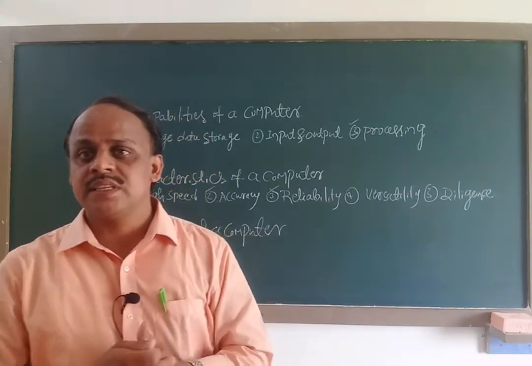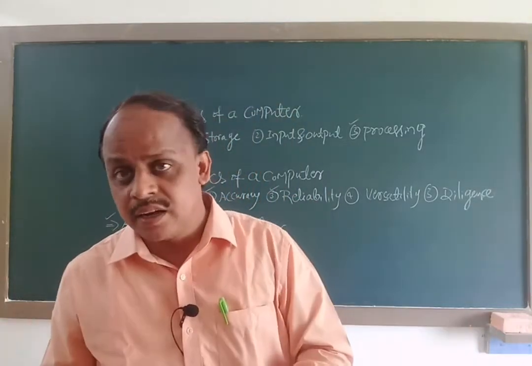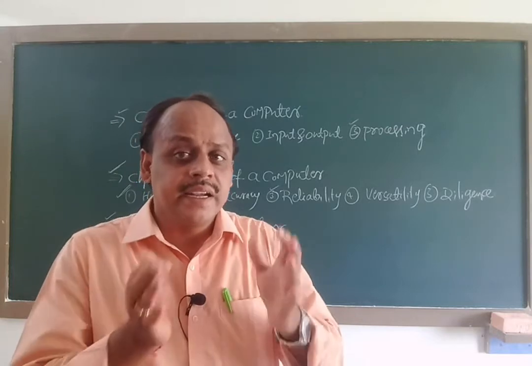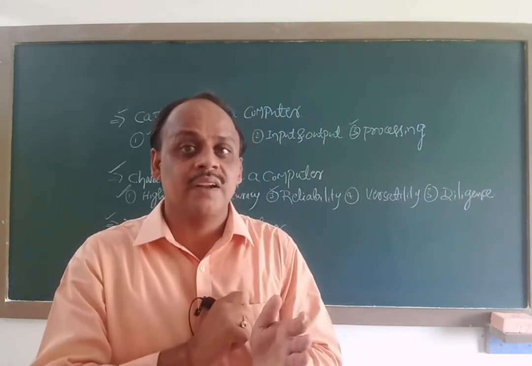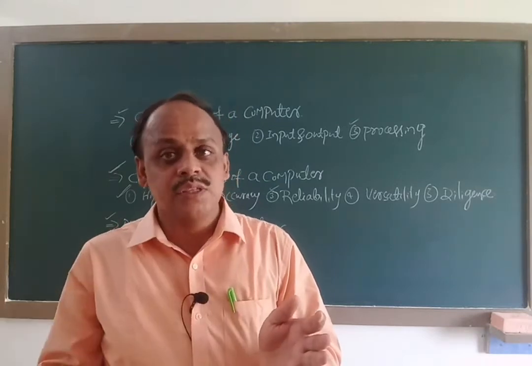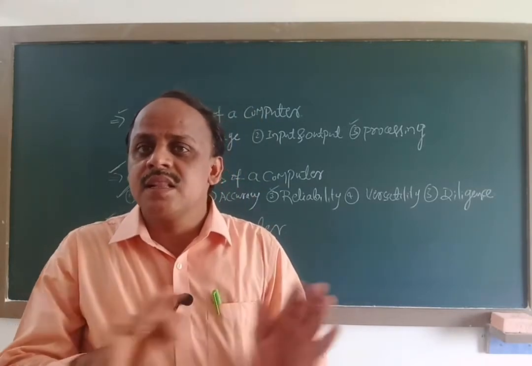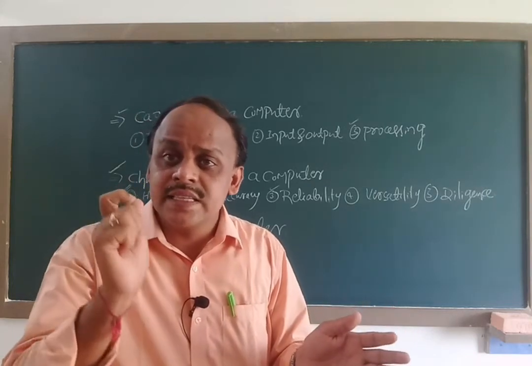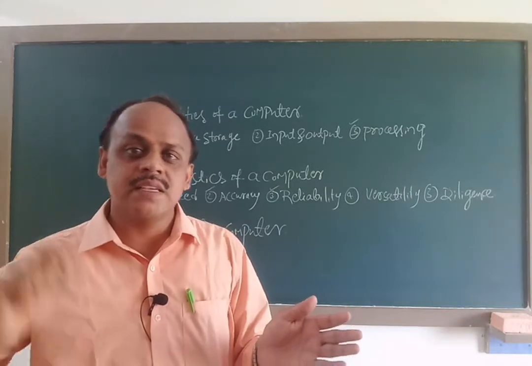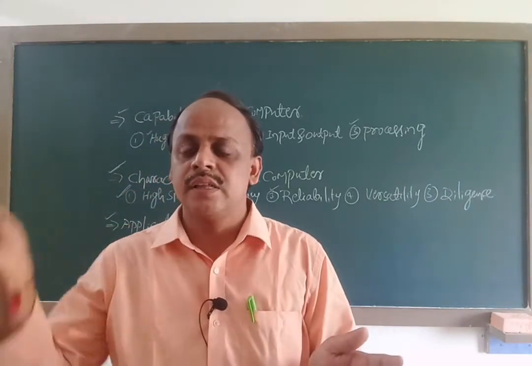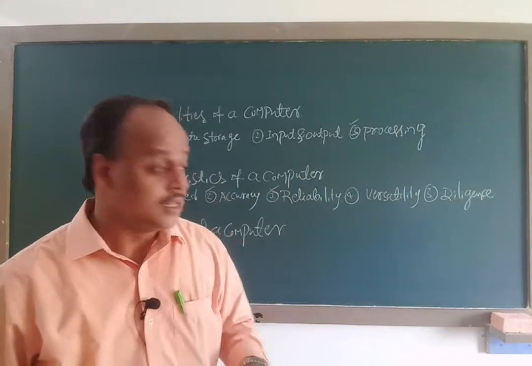In the last class we discussed that a computer is an electronic device, or we can say an electrical device, because it contains a number of electronic components. That's why it is called an electronic device. We can also say it is an electrical device, because without electricity it does not work. So electricity is very important to work with a computer. That's why we say a computer is an electronic device, or an electrical device. Right? We discussed this in the last class.